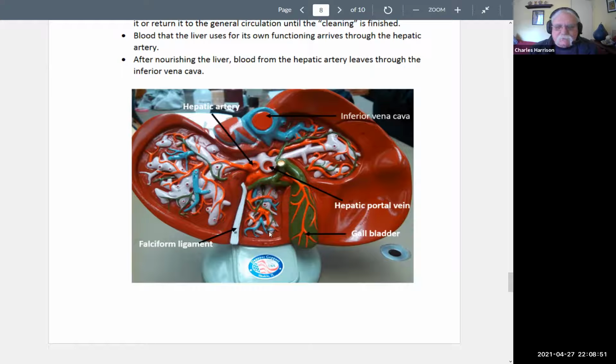And then once that has happened, capillaries again are crossed, and the blood that was always good, not being detoxified, now enters into the same venules and veins and goes back into the vena cava. There's two ways to bring blood to the liver: the hepatic portal vein and the hepatic artery. There's only one way to get it out, finally, and that's the inferior vena cava.